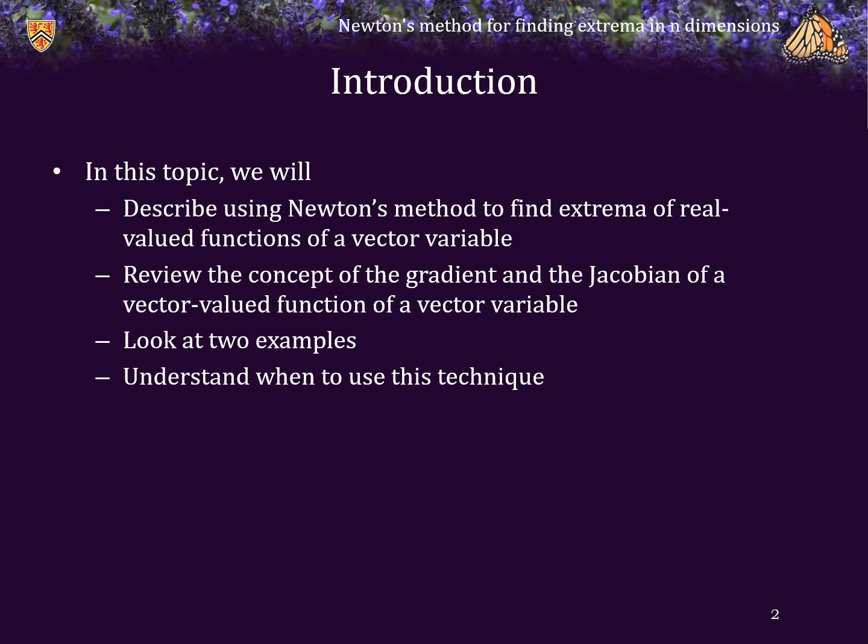Specifically, we will be applying the Jacobian on the gradient to create a matrix called the Hessian. We will look at two examples and see how quickly this actually does converge, and then we will try to understand when to use this technique and why.